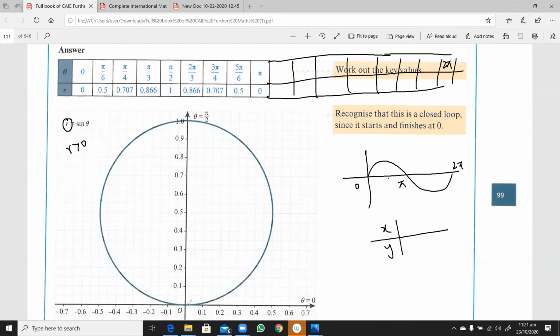Then you take your theta as 30 degrees, which would be something like this. This angle is pi by 6 or 30 degrees. And look, what is the corresponding value over here? That is 0.5, because for 30 degrees you have 0.5.